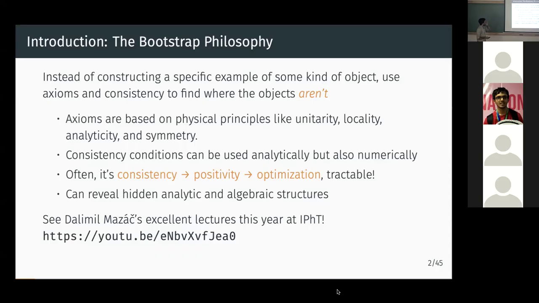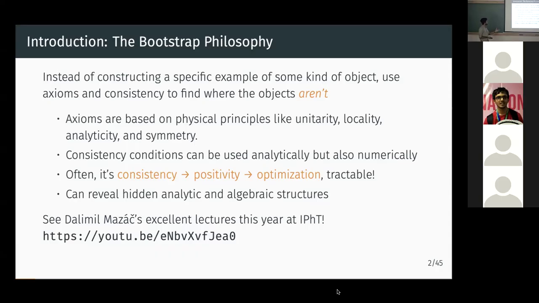The axioms that we use are physical principles like unitarity, locality, analyticity of correlation functions, and symmetry. These are rock solid assumptions that we hope to be true always. We can use these in many different ways, both with pencil and paper and with numerical techniques.